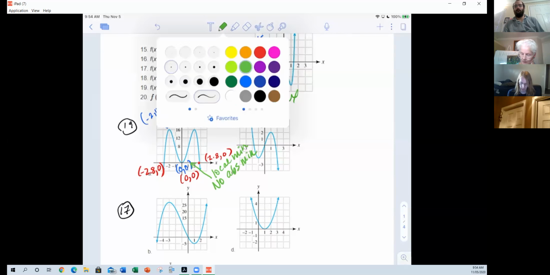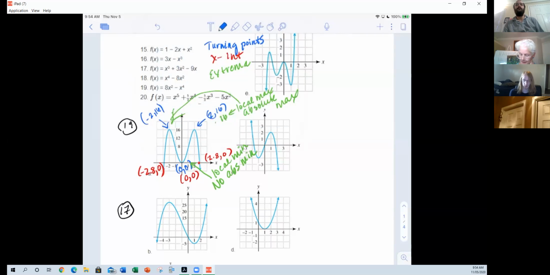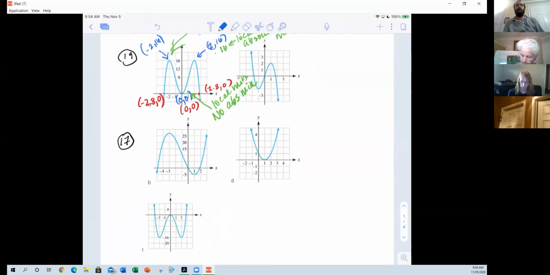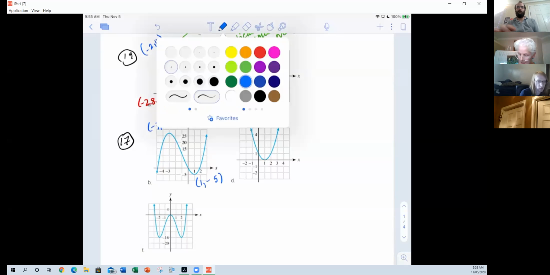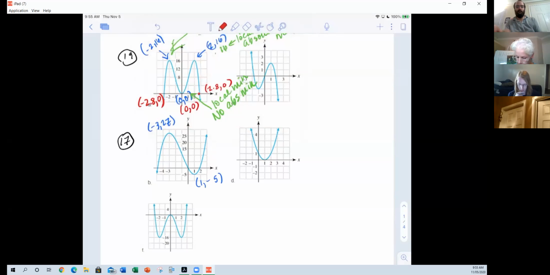Okay, so on this last one, 17, the turning points are negative 3, 20, 2, 27, and 1, negative 5. The x-intercepts are, let's say, negative 5, 0, 0, 0, and 2, 0.